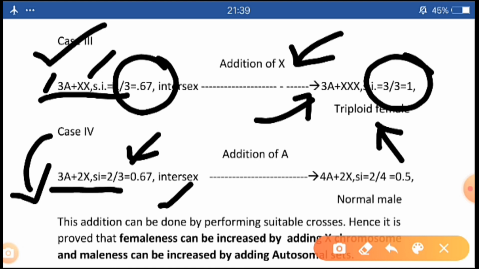Let us increase A, then it will be 4A plus 2X, and what will be the index? Index will be 2 by 4 equal to 0.5. That is, an intersex Drosophila can be converted into normal male.